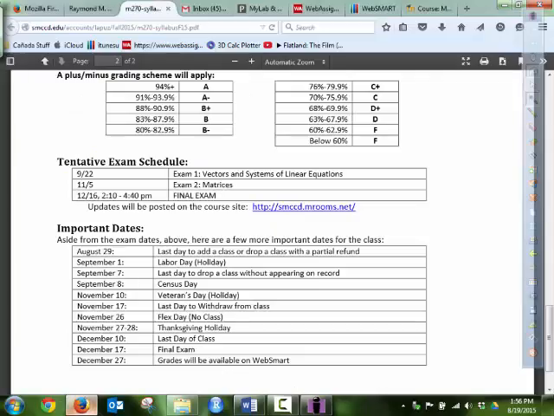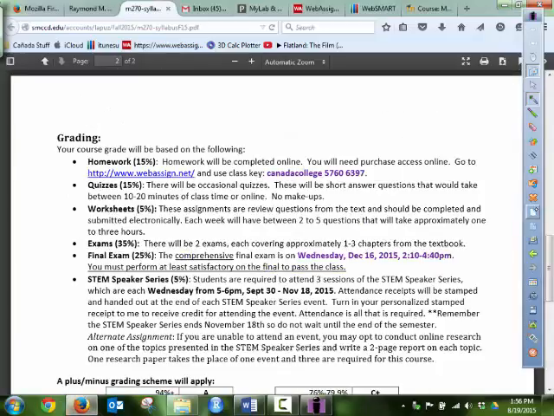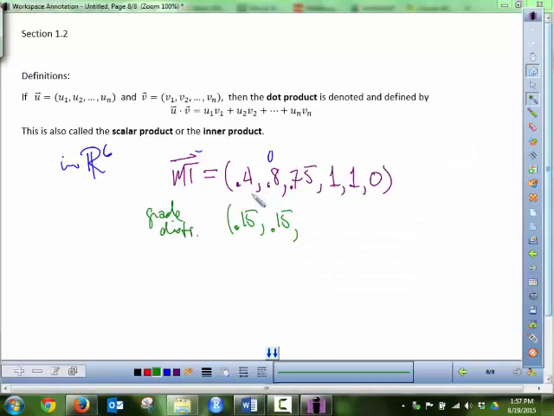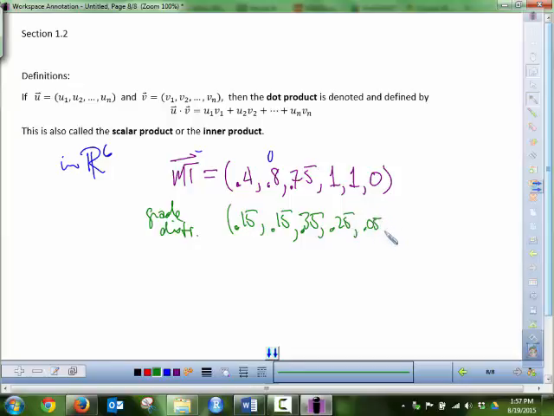The exams were 15, 15, and 35. The final exam was 25. The STEM speaker series was 0.05, and the worksheets were 0.05. So homework, quizzes, exams, final, STEM speaker series, and worksheets.